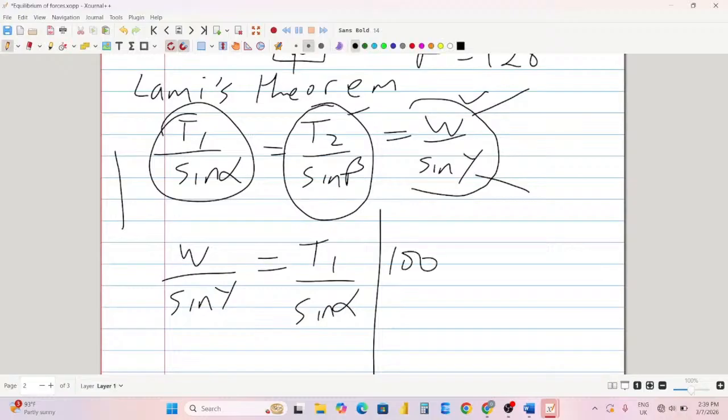So 100 divided by sine gamma, which is 105, equals what we are looking for. The question says we should find both T1 and T2 and the alpha. Let me look at the question again. Alpha should be 135.